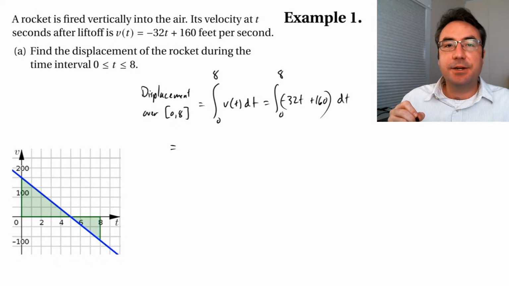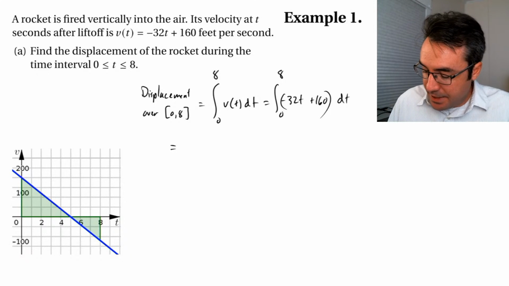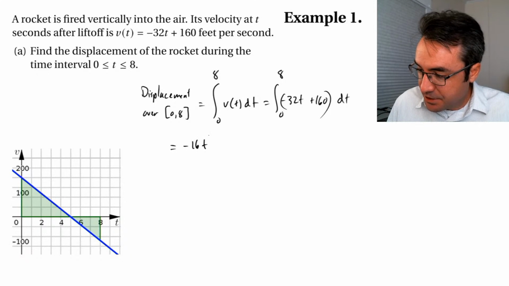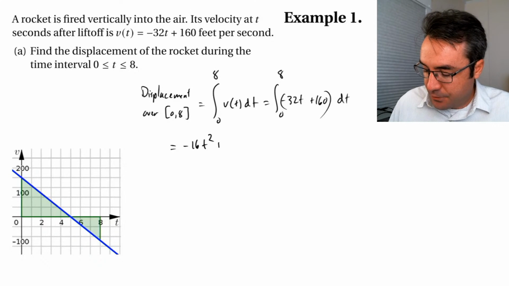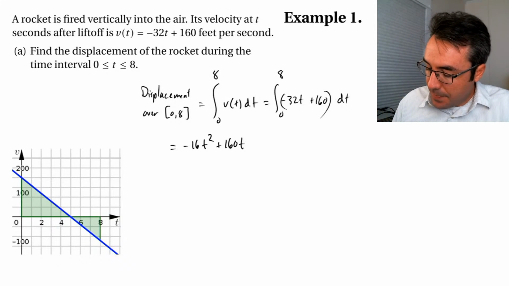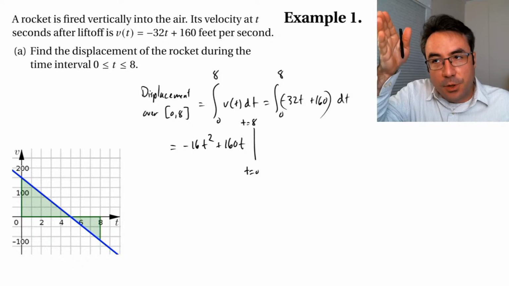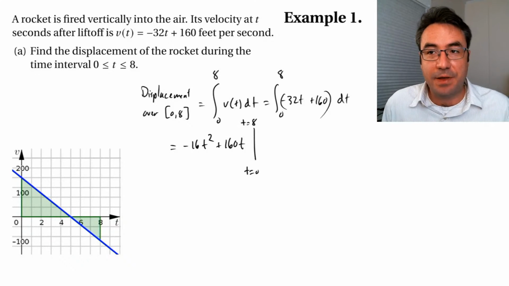Let's get the antiderivative of our function. The antiderivative of -32t is -16t squared. The antiderivative of 160 is 160 times t. Our variable is t, that's why we're using t here. Then we evaluate this from t equals 0 to t equals 8, putting our vertical line to indicate that we're evaluating.